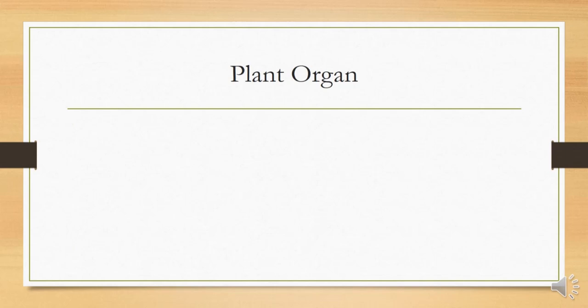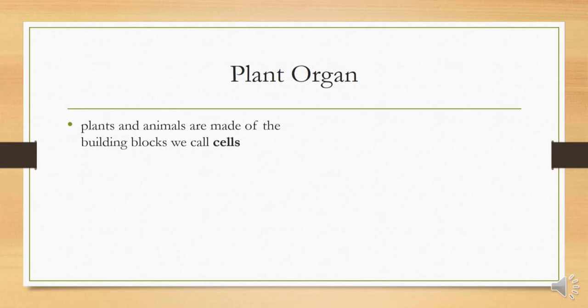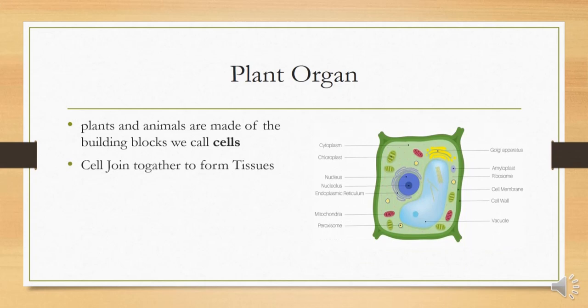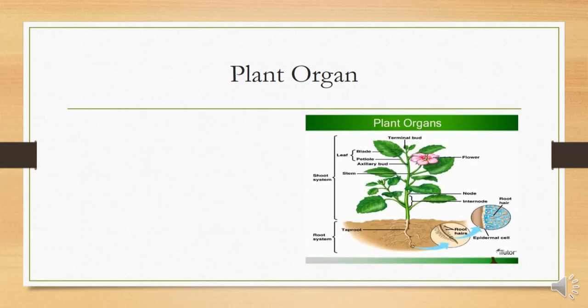When we start the discussion of the plant organs, we must remember the definition of cells: plants and animals are made of building blocks, which we call cells. And cells join together to form tissues, and tissues join together to form organs.